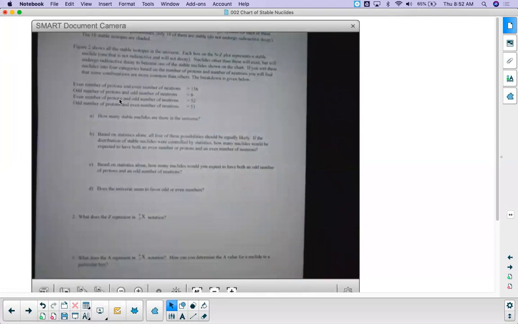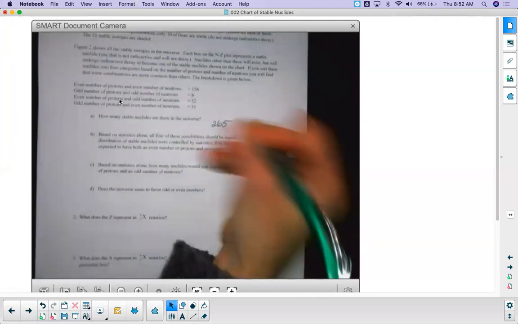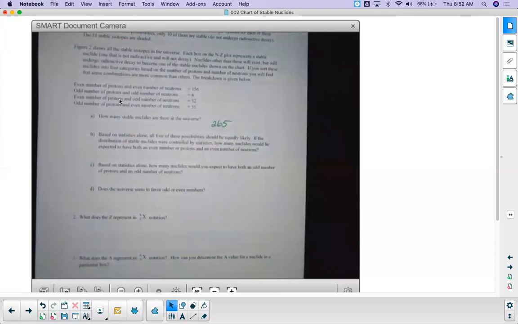All told, here on Earth, scientists have discovered 156 plus 6 plus 52 plus 51, 265 stable nuclides. That's it. Of all the possible ways you can put protons and neutrons together, 265 of them get you something good.